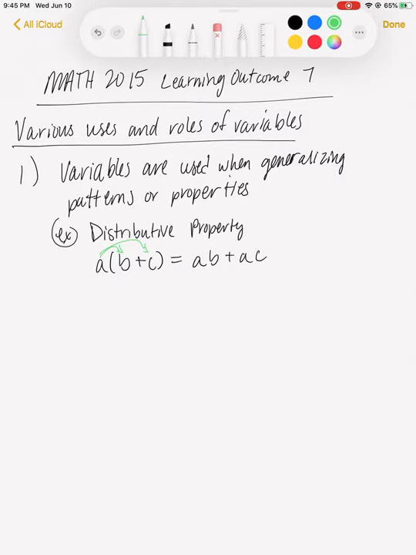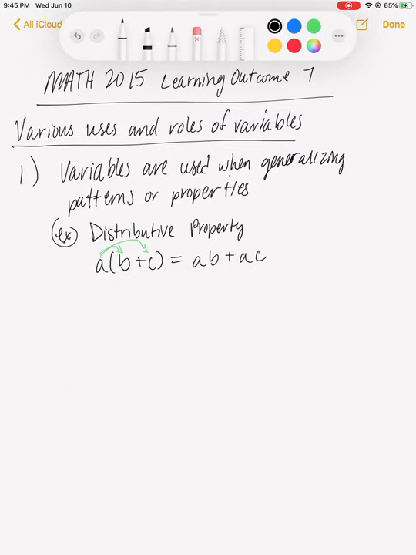Another example of where variables are used when generalizing patterns is the associative property. If you take any number and you want to multiply it by or add it to another number, and another number, so 3 numbers total, you can add them in any order. You can take the first 2 numbers, then add on the third.